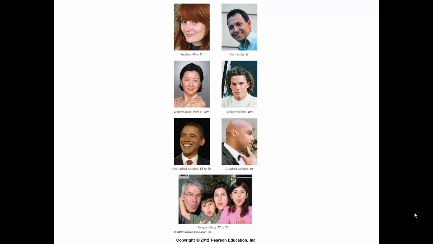Widow's peak is another example of a dominant allele. Either a homozygous dominant or heterozygote would have the widow's peak, whereas an individual that was homozygous recessive would not possess the widow's peak.